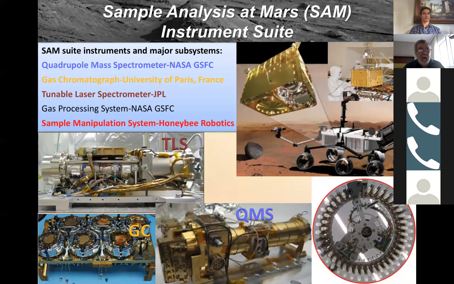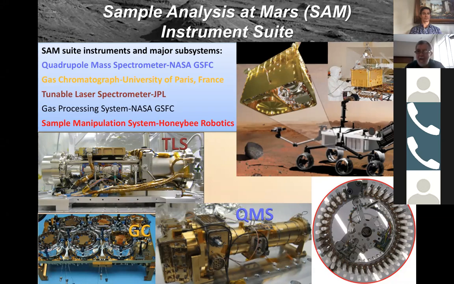The experiment I used, because I helped propose it to NASA and helped build it, is the Sample Analysis at Mars, or SAM, experiment. It has a mass spectrometer, and much of the results I'll talk about are from the mass spectrometer or from this 6-column gas chromatograph you see on the bottom left. Our best methane detector is the TLS, the tunable laser spectrometer.